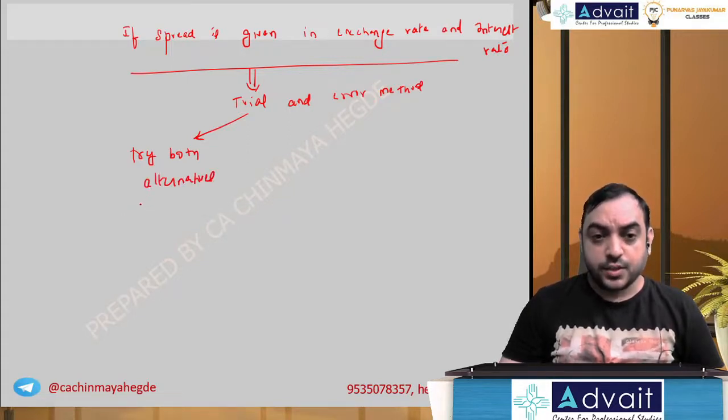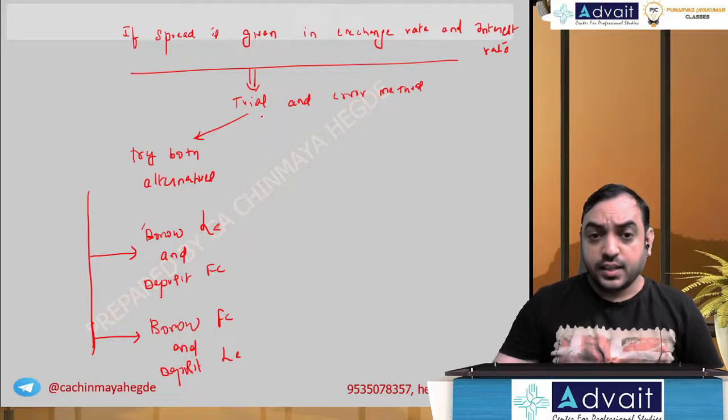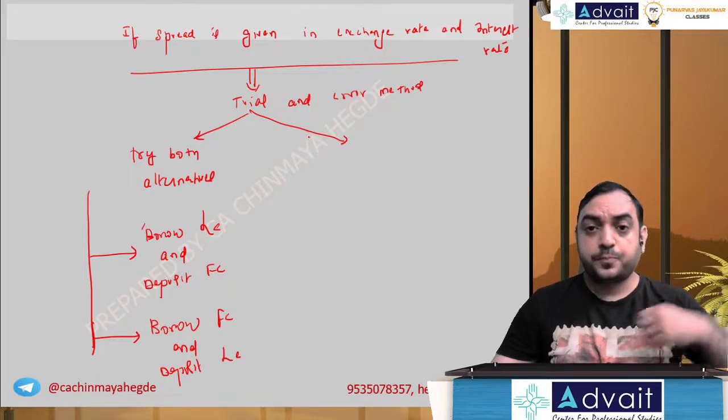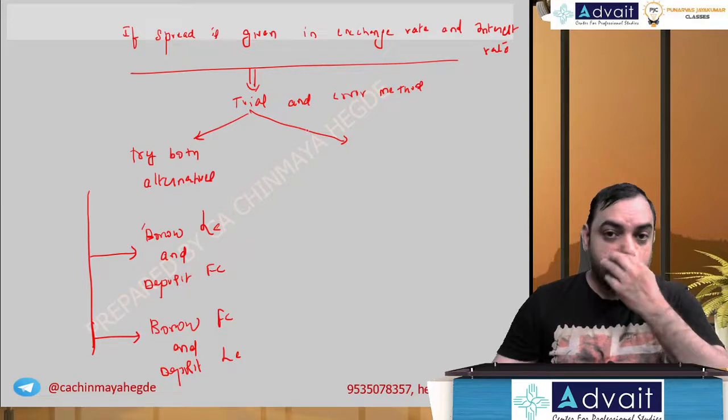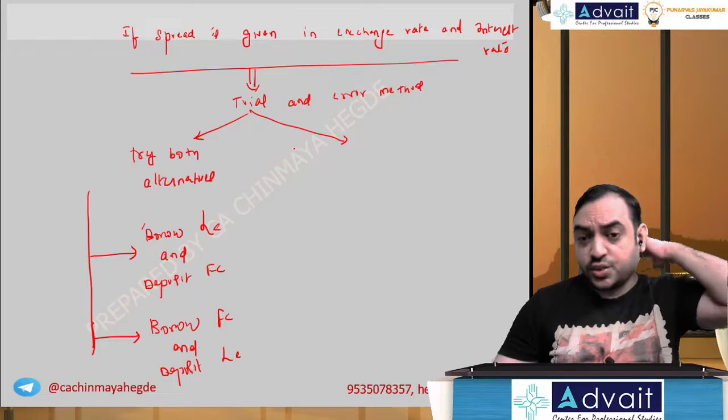That is, you borrow in local currency and deposit in foreign currency. This is one alternative. And you try the other alternative also. Alternative 2: borrow foreign currency and deposit local currency. Then three situations can exist.